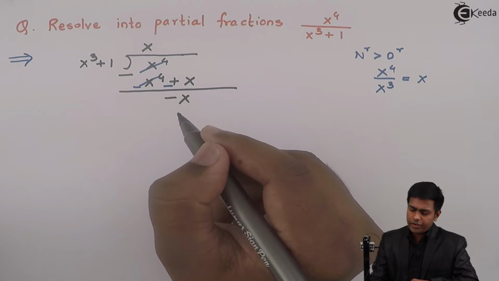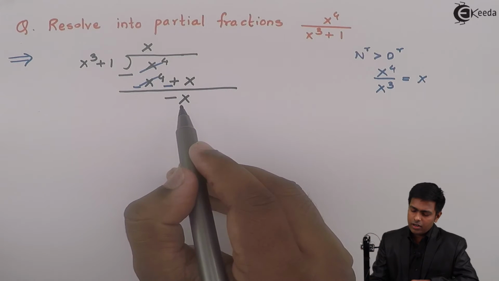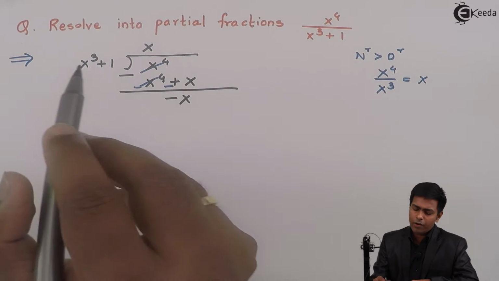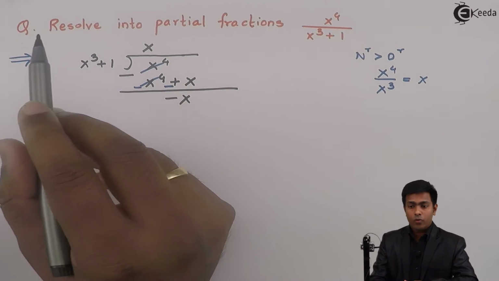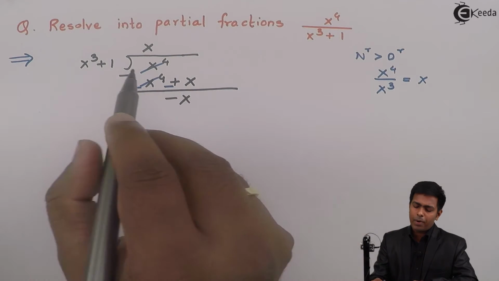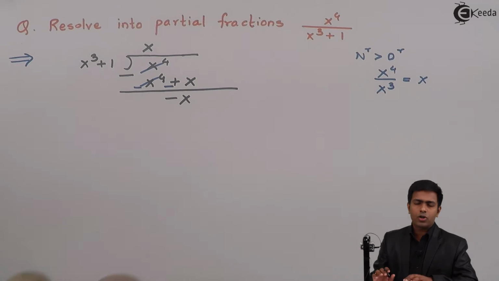So now if we try to perform the division further, the power of x here is 1 and the power of x in the divisor is 3. So whenever the power of dividend is less than the power of divisor, we stop the division. So here we will stop the division.